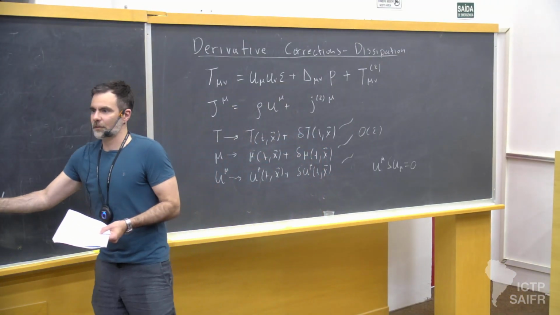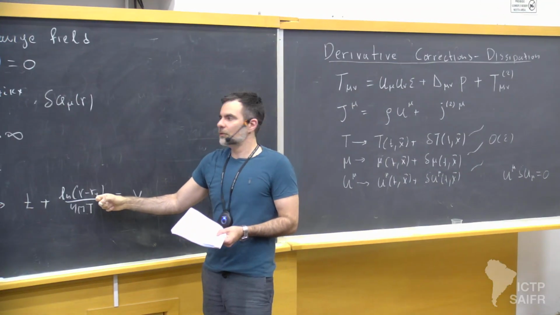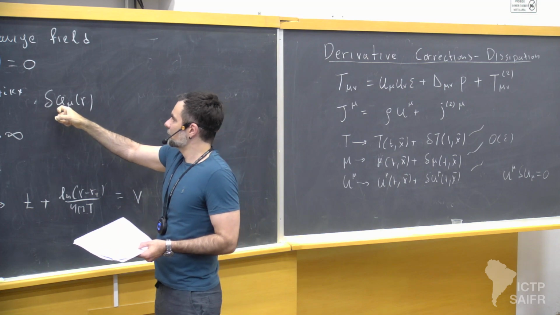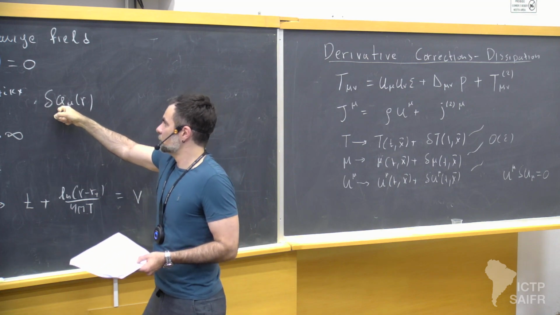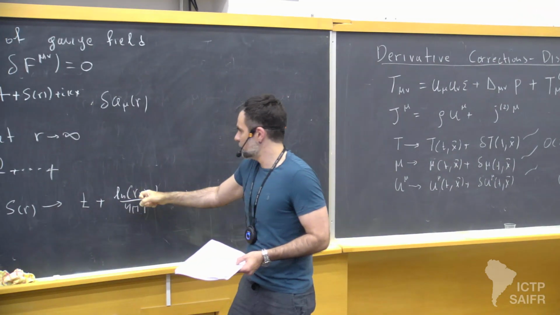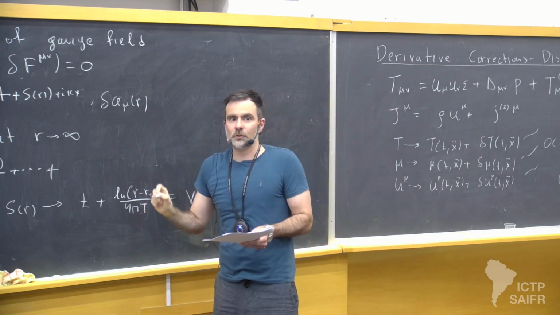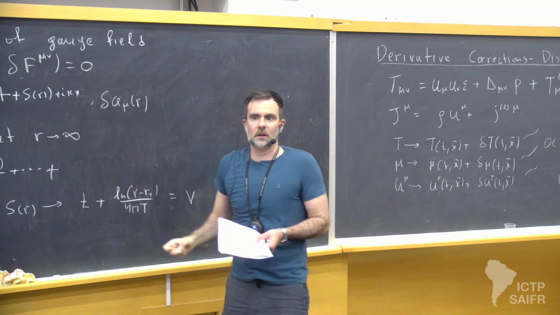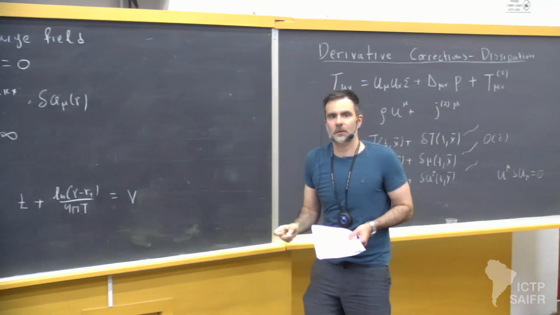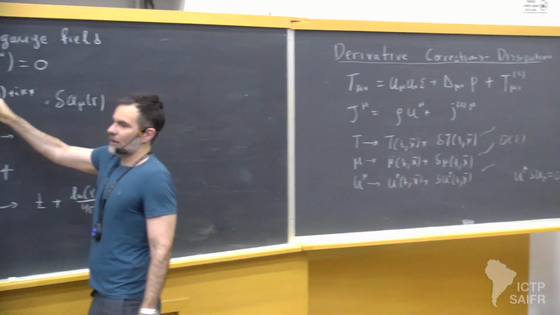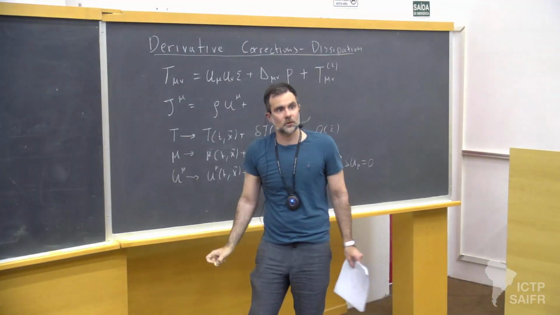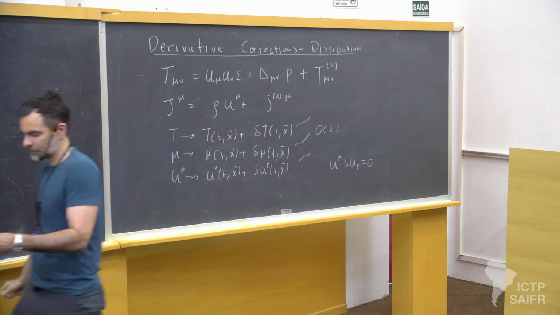That is a regular thing. As long as this function goes to something analytic on the horizon and s of r has this behavior, then this will satisfy ingoing boundary conditions on the horizon. Okay, so this s of r function is designed so that you will satisfy the correct boundary conditions on the horizon.